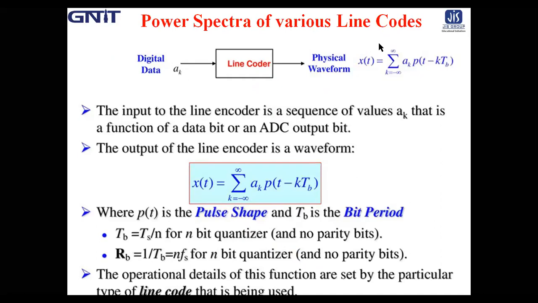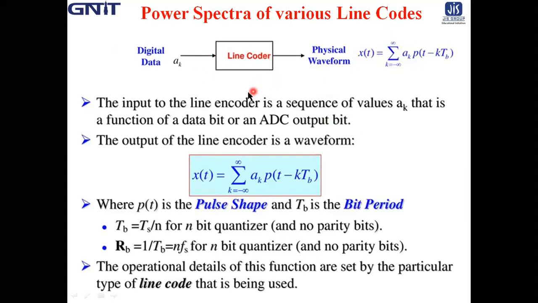So how is power spectral density calculated for various line codes? Say this is a line coder.